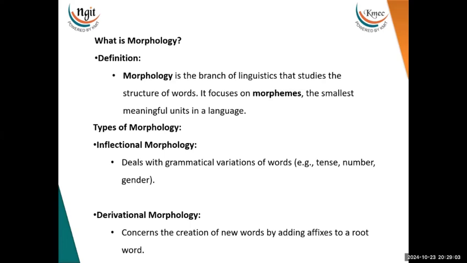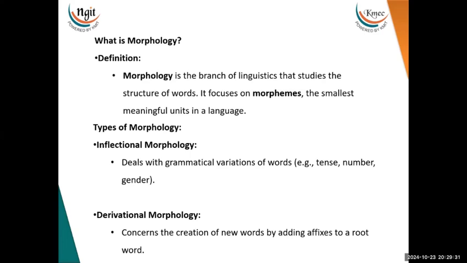For inflectional morphology, consider a word and how we can make it plural. Suppose there is a word C-A-T, cat, and if you add s to it, it becomes cats. That is plural. Then let us take another word, walk, W-A-L-K.